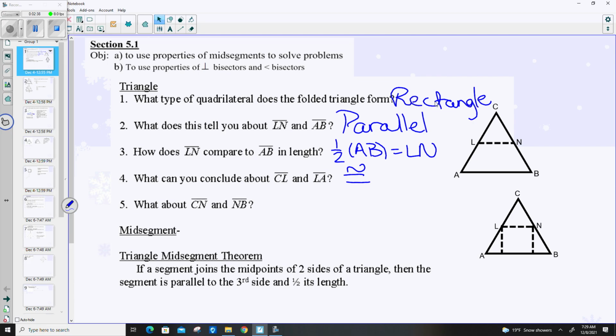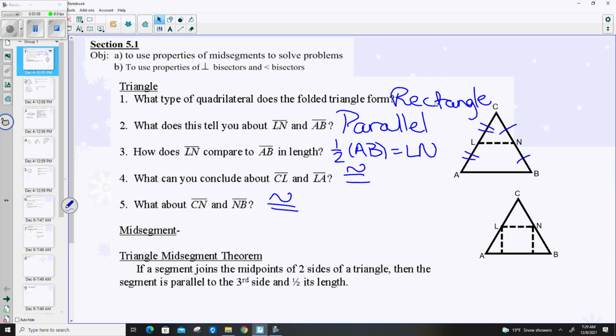How about CN and NB? Other side. Yep. Also congruent. Which makes, if CN is equal to NB and CL and LA are equal, makes L a what for CA? Midpoint. And N? Also a midpoint?